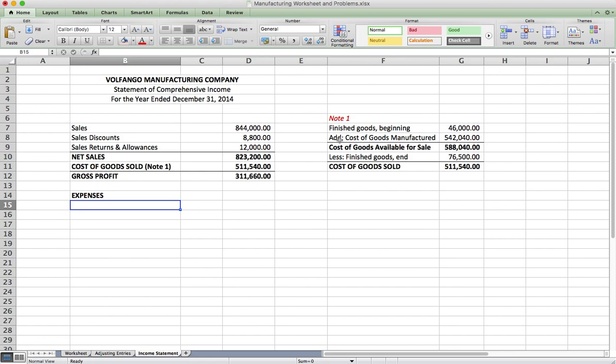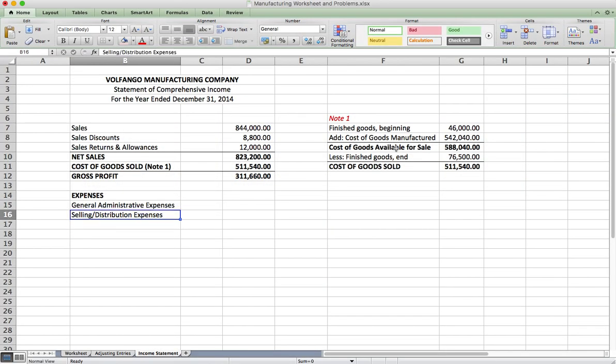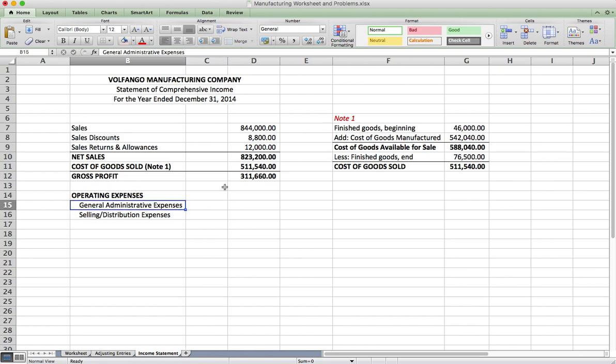We have and selling or distribution expenses and other expenses. Ayan. So we have here operating expenses. Ayan. Okay. Ano yung mga general and administrative expenses natin?